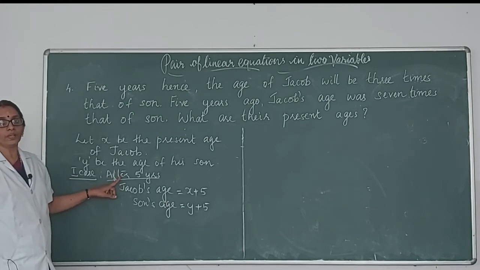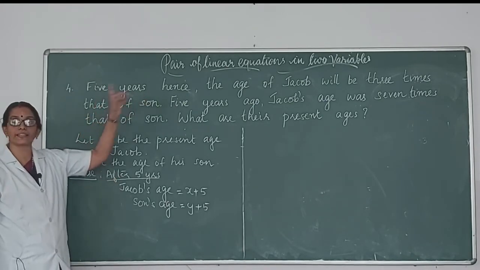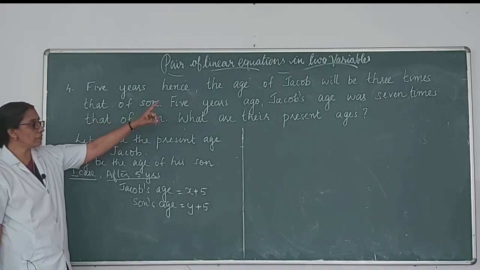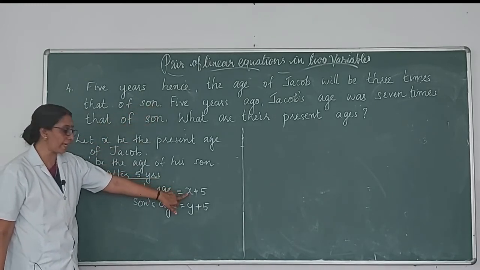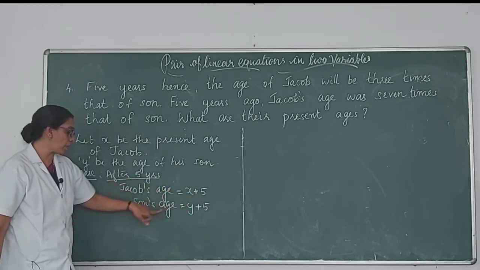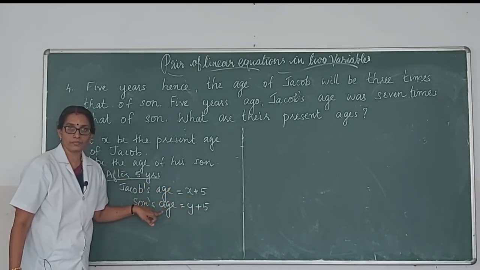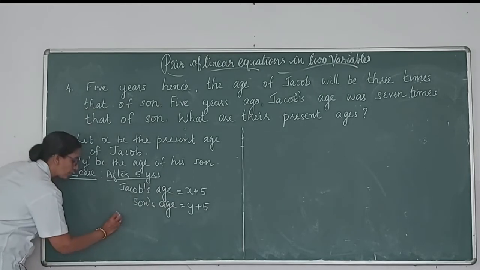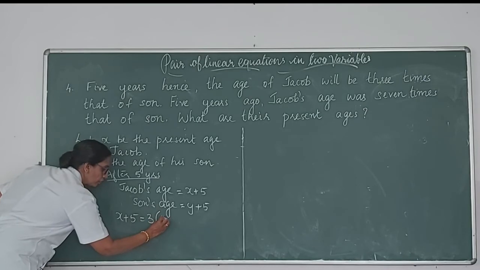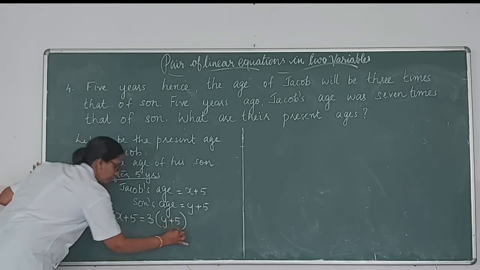Now we have to frame the equation using the given relationship. Now what is the equation? The age of Jacob will be, that means x plus 5 will be equal to 3 times of son's age. Now you can frame that x plus 5 equal to 3 times of y plus 5.